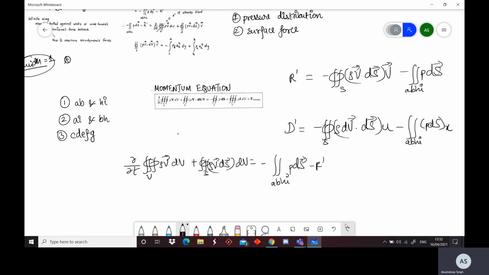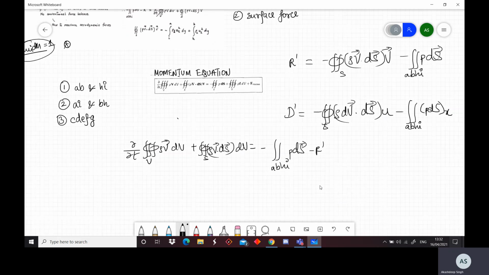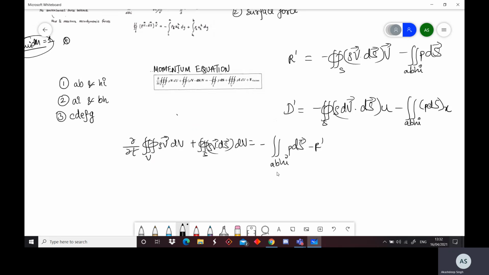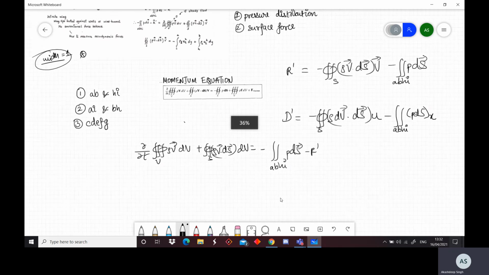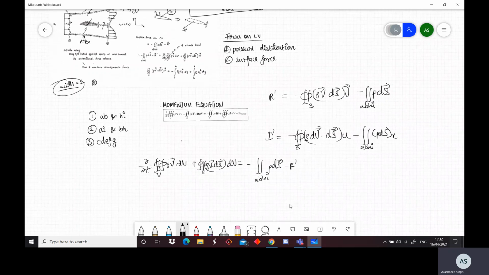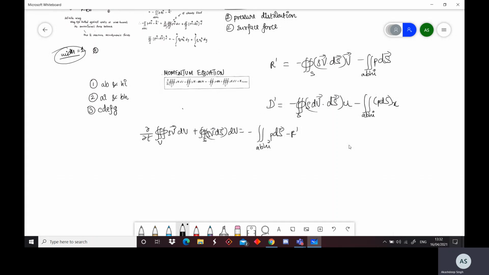So this is what we get from the momentum equation, and this is why it plays a very vital role. It connects all the important terms that we have derived, and it helps in further deriving R prime and then taking the horizontal component. So this was our second step, to use the momentum equation to get the relations.